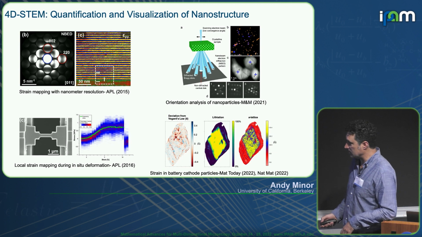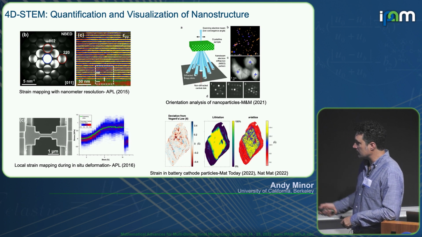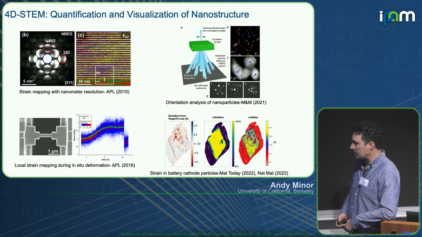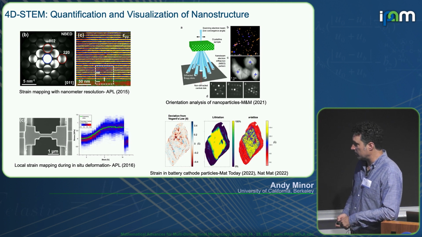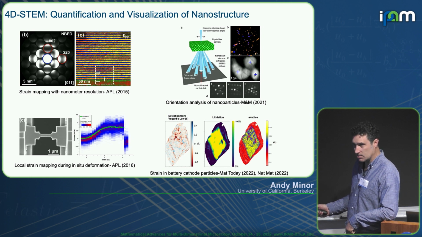And lastly, here was an example we published last year, or I guess this year, with a group from Stanford, from Will Chueh's group. Colin Ophus and I worked with Will, and we looked at the correlation of lattice parameter, which is measured with 4D STEM, and lithiation, which was measured with X-rays at the synchrotron, on the same exact particle.